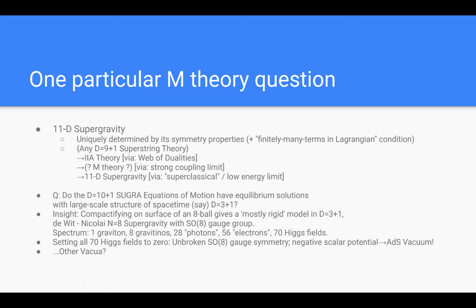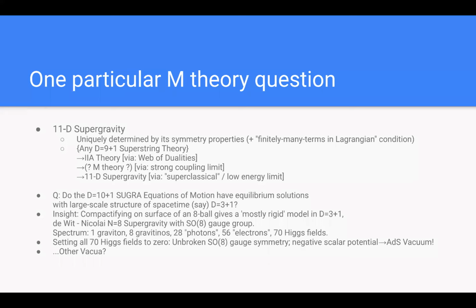If we take any of the 10-dimensional superstring theories, then by navigating the web of dualities, we can arrive at 2A theory. The strong coupling limit of that, actually, if you want, by definition, then gives us M theory. And 11-dimensional supergravity is the low energy limit, if you want, the superclassical limit of that.